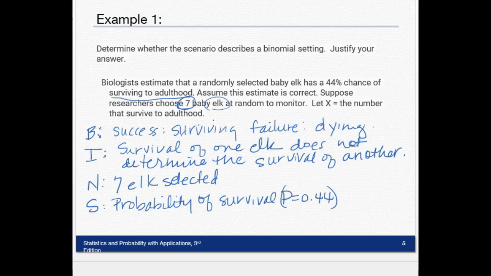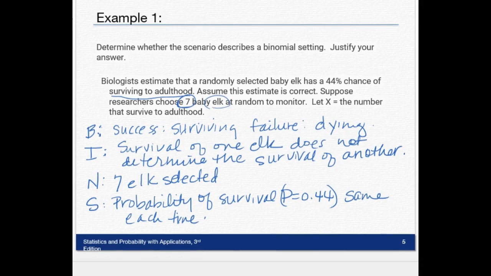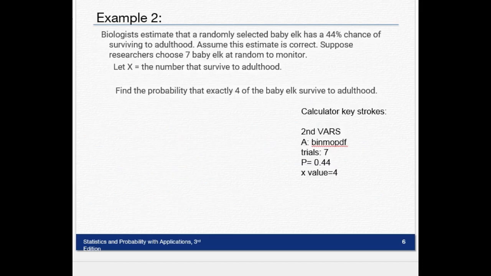That's 44% in the problem. And that probability is the same each time. So that's how you prove or justify your answer that it is a binomial distribution. Now, if it didn't meet one of those 4 criteria, then it's not a binomial distribution. So that can happen too. You just have to run through all 4 criteria before you know.